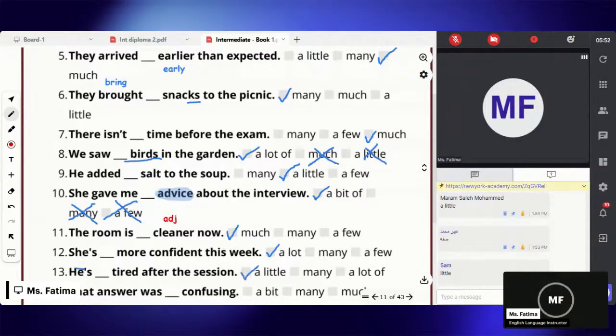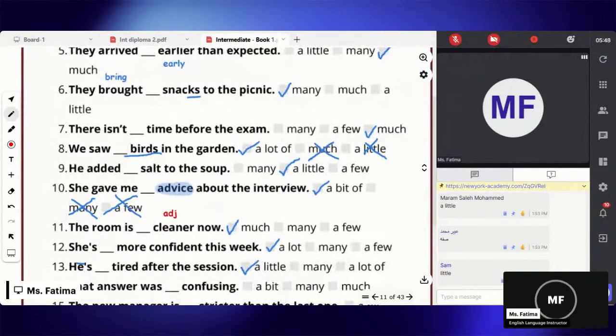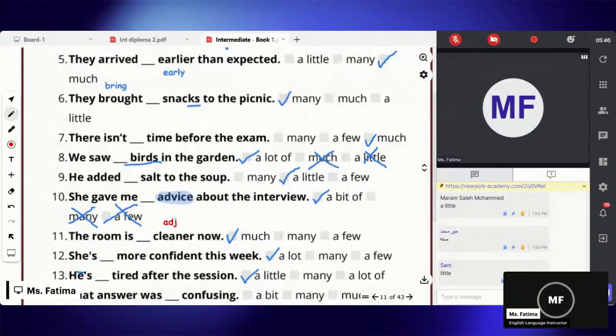Number 14. That answer was a bit confusing. That answer was many confusing. That answer was much confusing. What do you think? A bit, many, or much? Confusing means an unclear answer. A bit confusing.